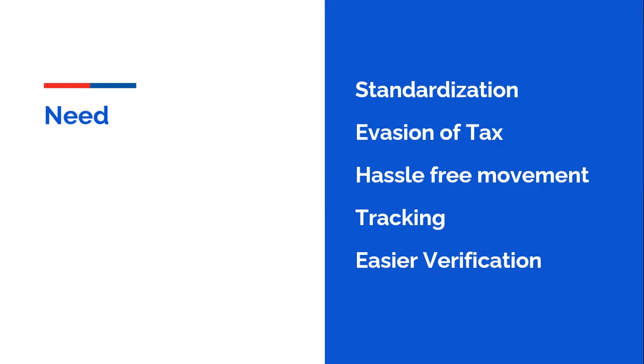Evasion of taxes: obviously, it checks tax evasion in movement of goods. It makes movement hassle-free with proper documentation. It provides tracking of movement of goods. Also, e-way bill helps maintain easy verification of the movement of goods through QR code.